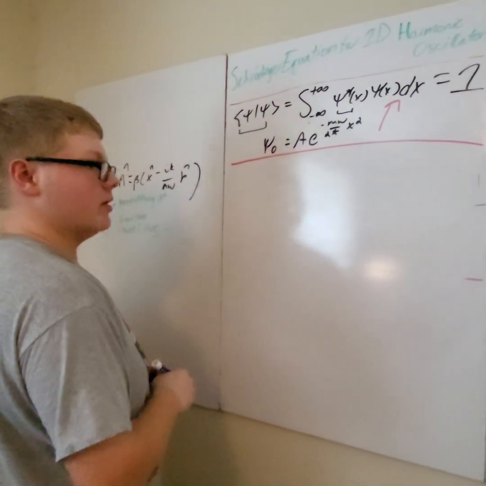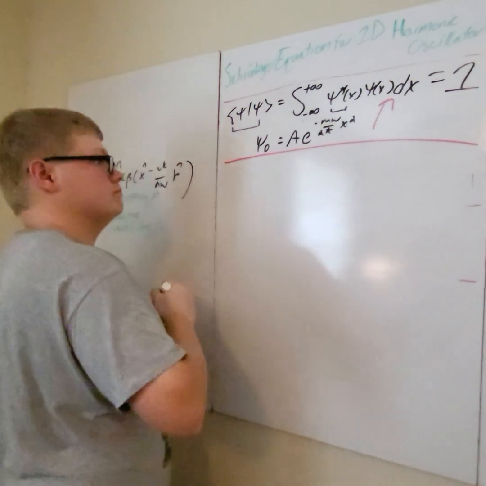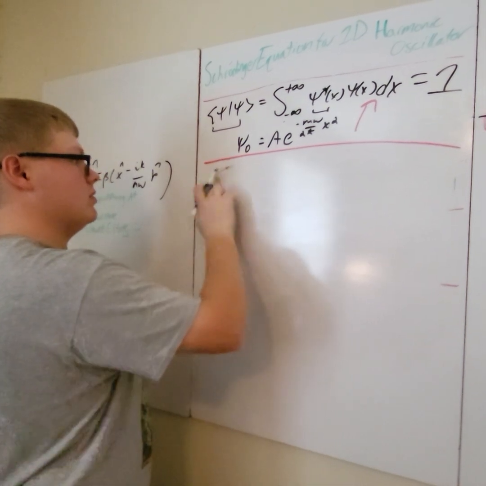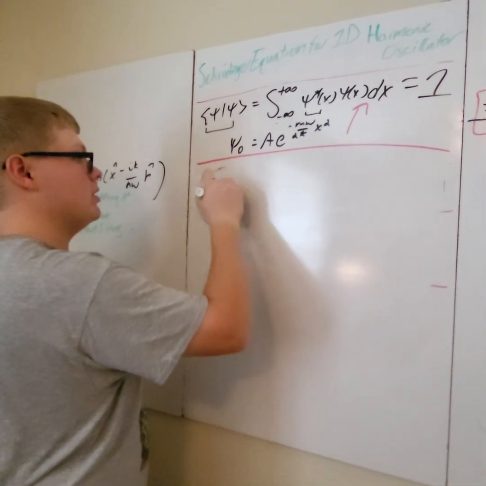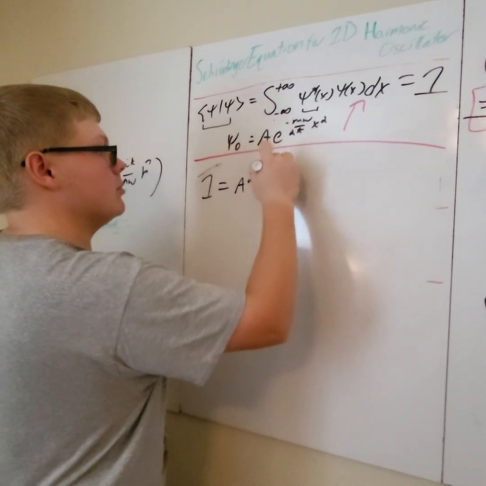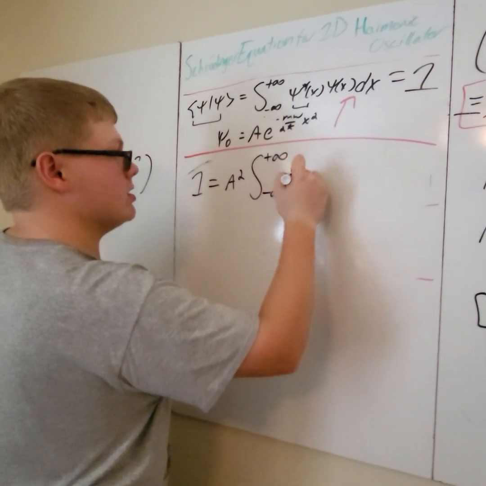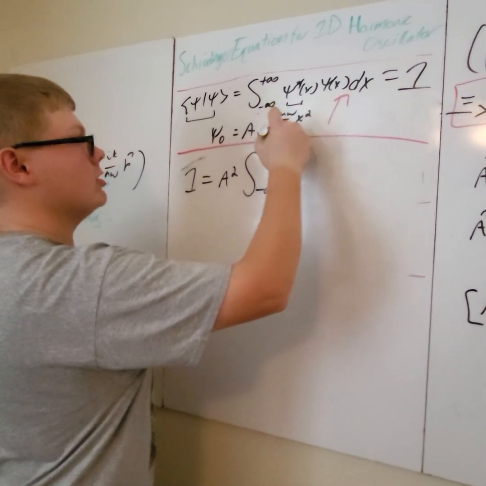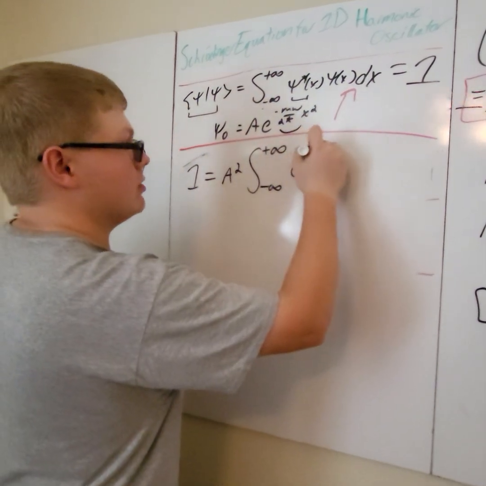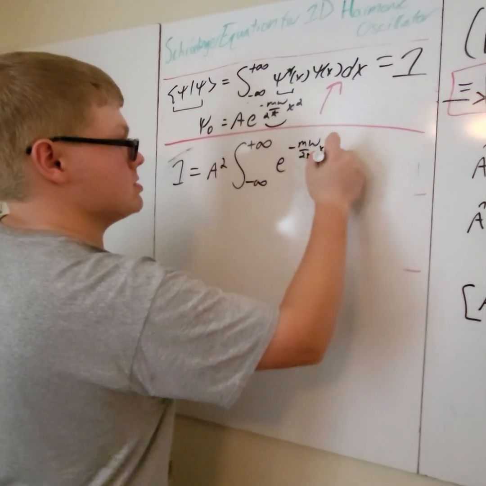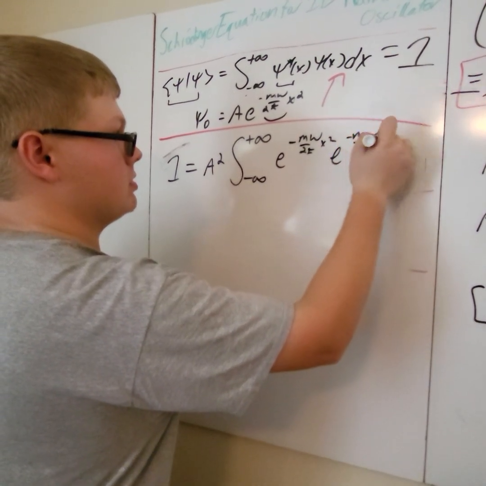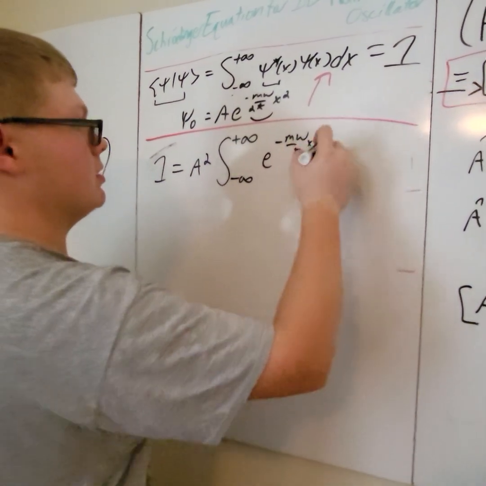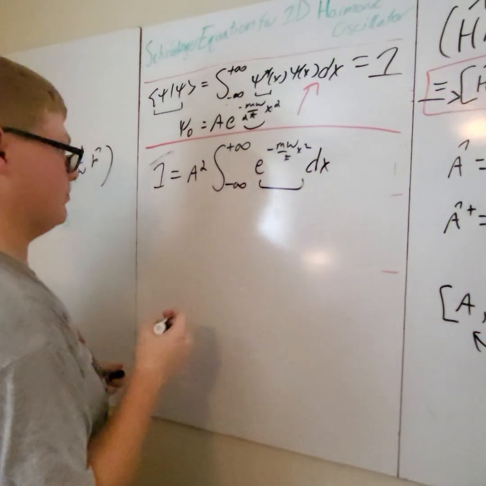It's not super important, but our integral will equal 1 equals A squared, integral from negative infinity to infinity, complex conjugate of this. There's no imaginary terms, so we don't have to do anything to that. We can just absorb that into one factor there.